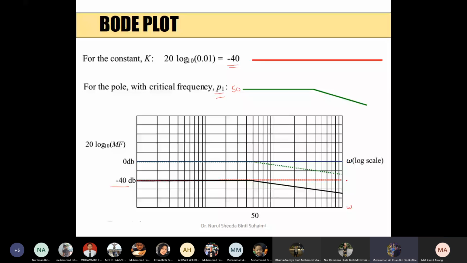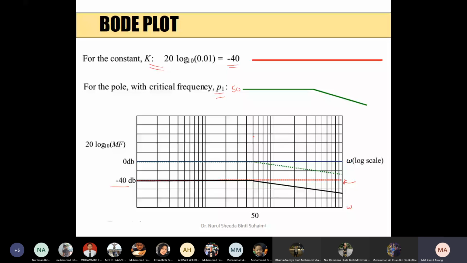Sir, why are there two lines? Which one? One for the pole, one for the constant. Yes, there is a pole, but there are no zeros. Basically this red one is contributed by K alone; we don't add yet.